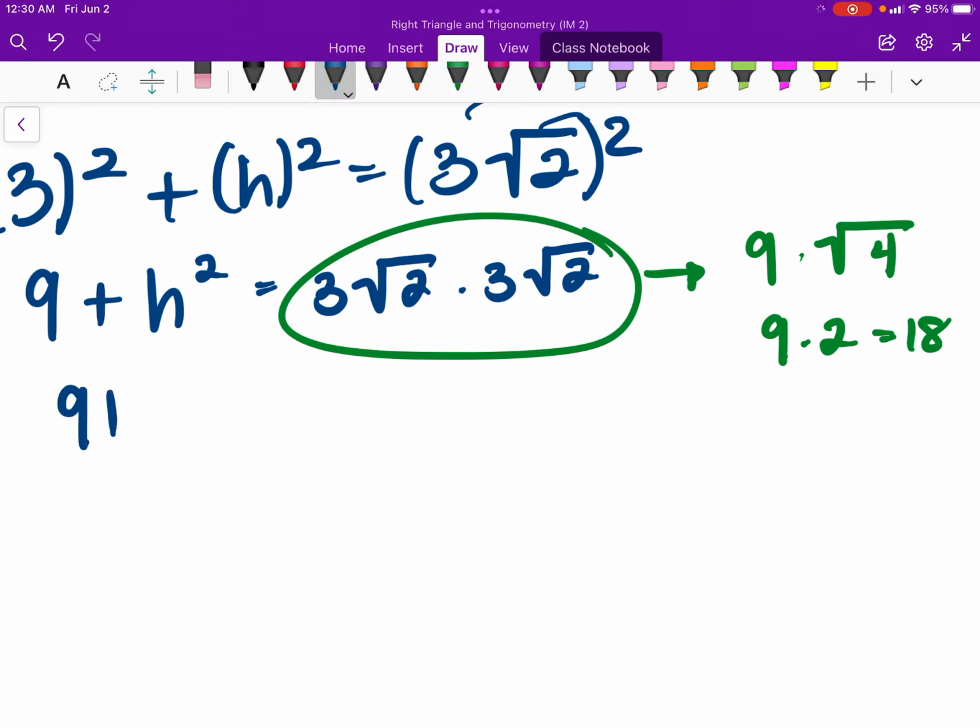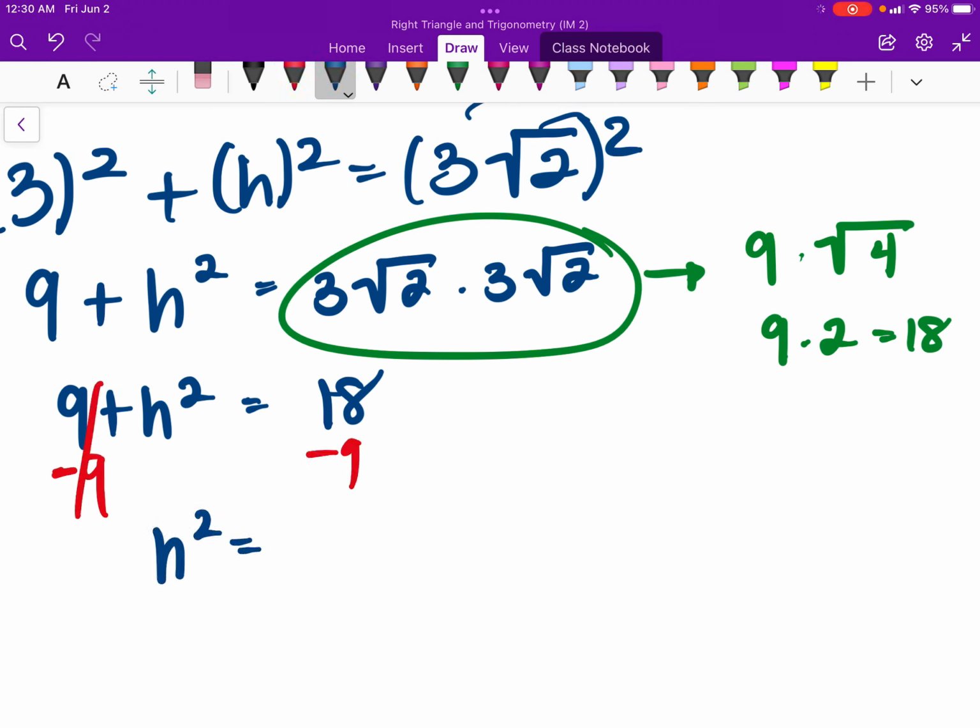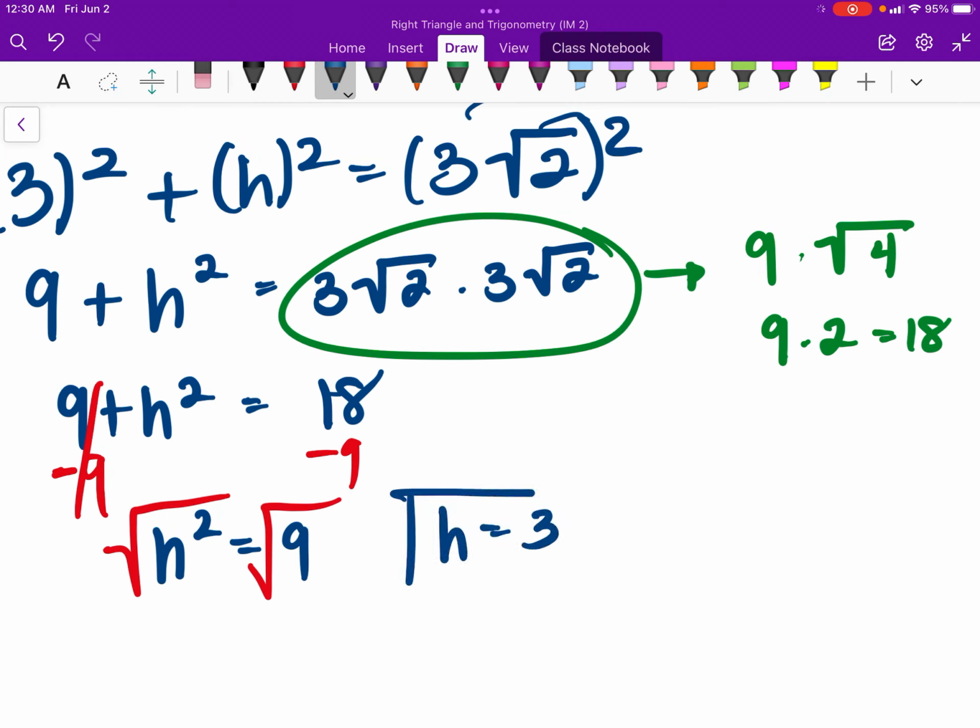I have 9 plus H squared equals 18. From there, I want to subtract the 9, and we have H squared equals 9. So let's take a square root, and H in this case equals 3. So our slanted height in this case, guys, is going to be 3.